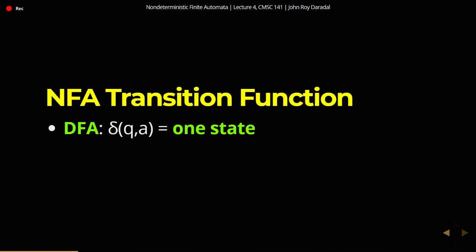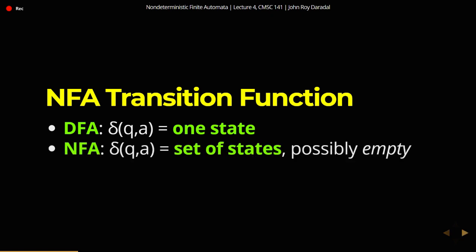Because in the DFA, the transition function maps a state and an input symbol to one state. But in the NFA, the transition function maps a state and an input symbol to a set of states. And it could be possibly empty as well, because it's a set. Okay? So in the DFA, you're assured of one state.